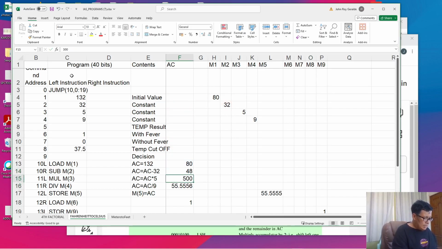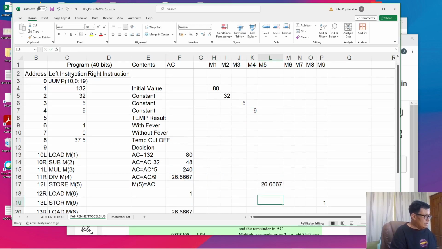And then we will multiply this by 5. And then we will divide this by 9. And then we will equal this with the result, and store it in M5.